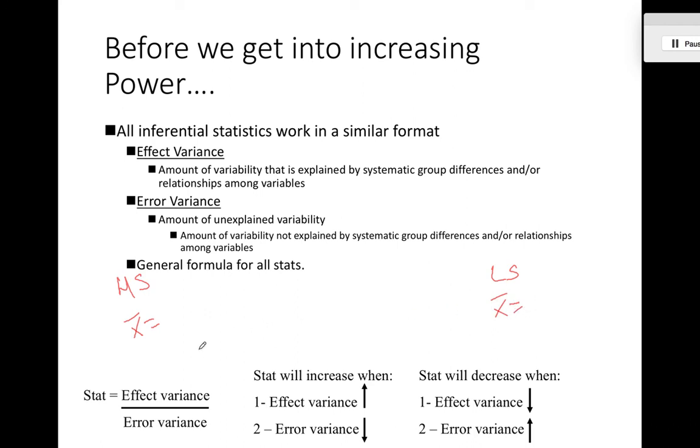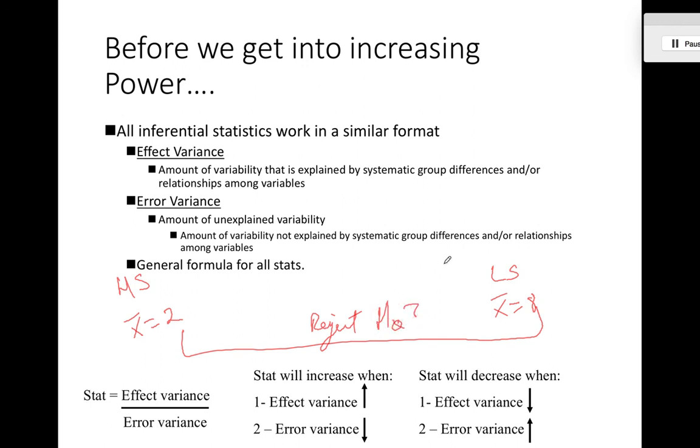What I find is that for high stress, they remember 2 out of 10 words, and for low stress, they remember 8 out of 10 words. So perfect. Now I want to look at the differences between those two groups and see if I'm going to reject or retain the null, right? That's going to be my goal.